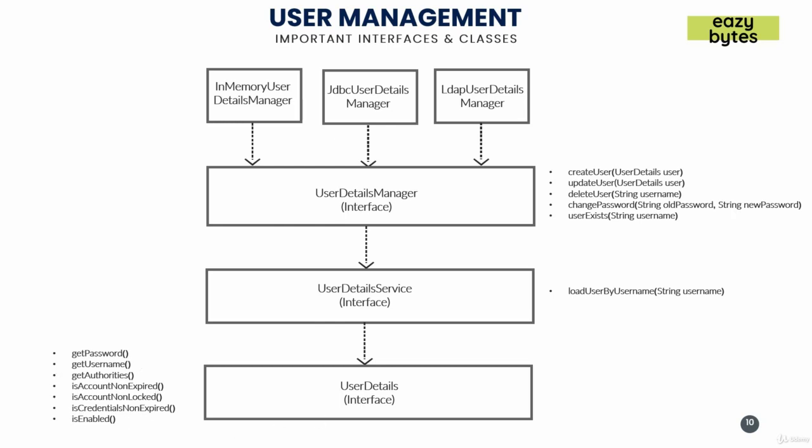Whenever we are trying to create our own user schema definition specific to our application, we have to make sure we implement this interface. Post that, we have user details service. This is an interface again, which has a single abstract method called load user by username.